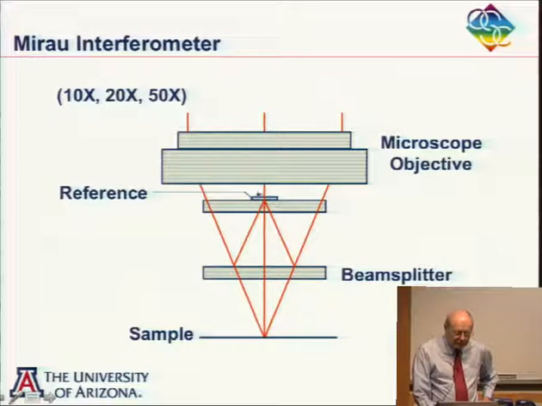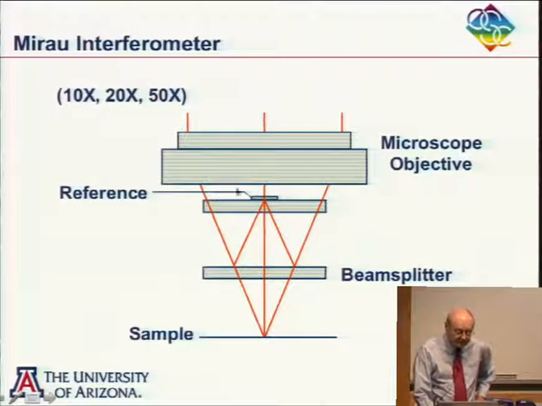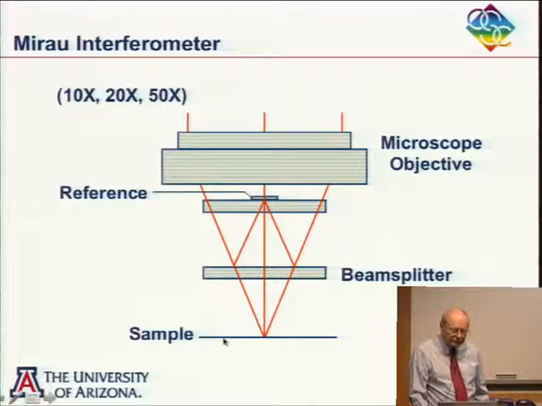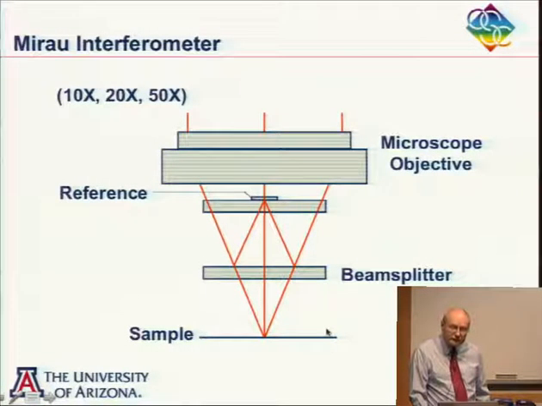So this will change the resolution properties of the objective a little bit. We'll emphasize the higher frequencies a little bit because of the central obscuration. And it's going to limit how large a field of view you're going to have here.